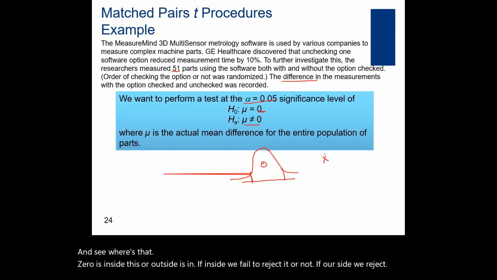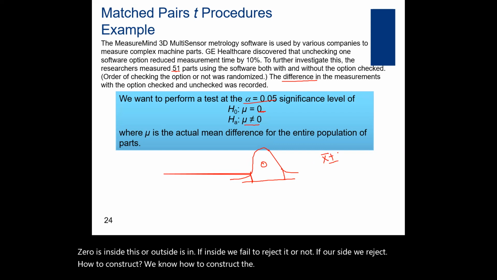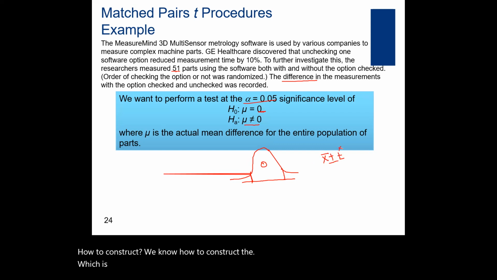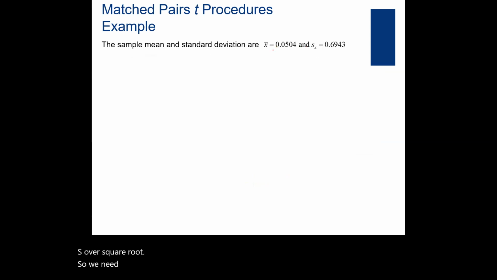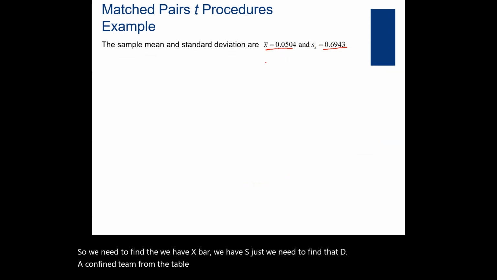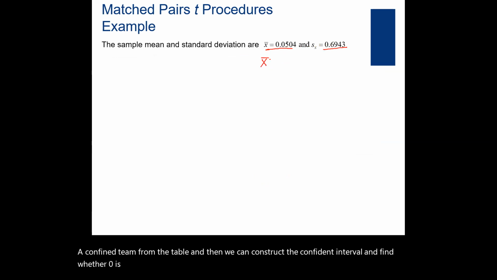How to construct it? It is T star from the table multiplied by S over square root of N. We have X bar, we have S, we just need to find the T from the table, and then we can construct the confidence interval and find whether 0 is inside this interval or not.